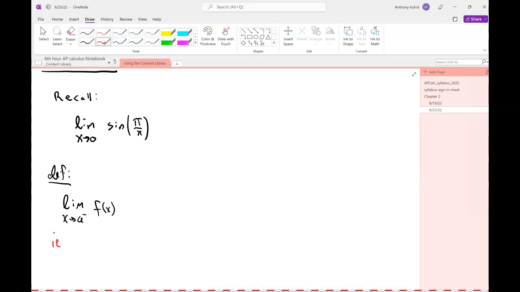This is how we're going to notate the left-hand limit. We're just going to use that negative sign in the exponent.